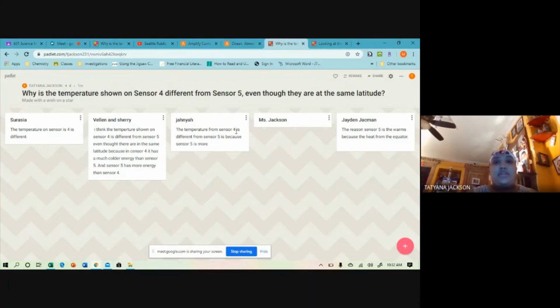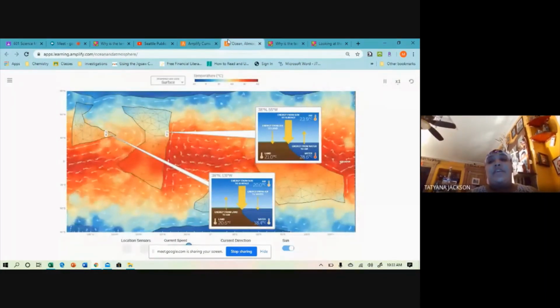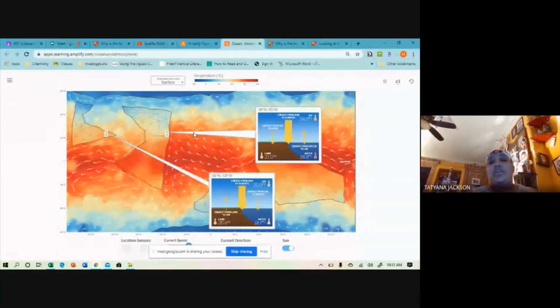What causes that difference? Sharisha, do you need me to pull back up the simulation so you can see what causes that difference? So what's happening that gives them these two different temperatures?